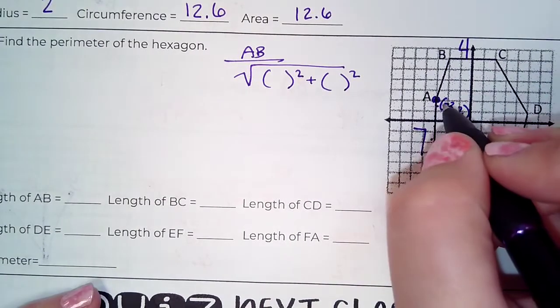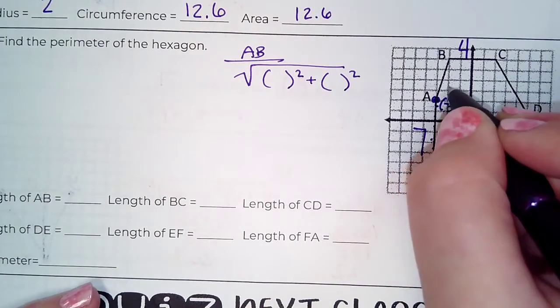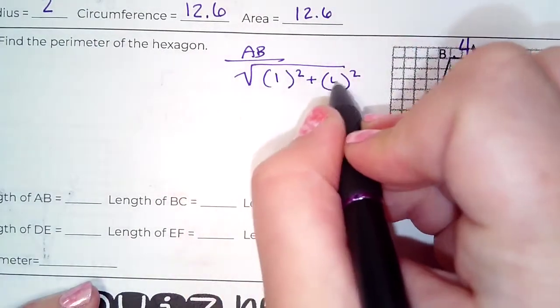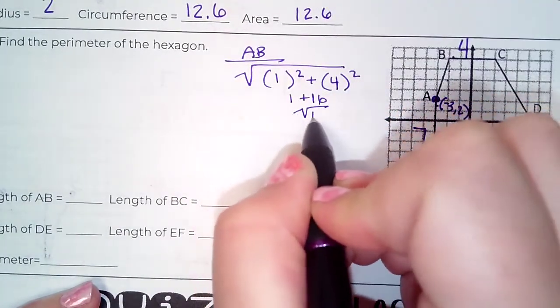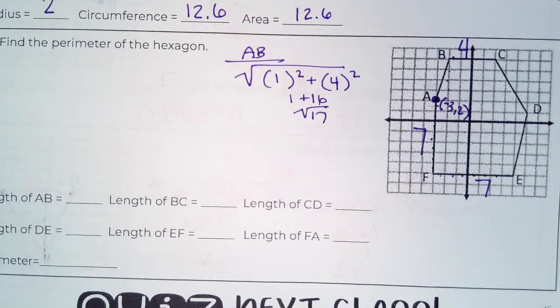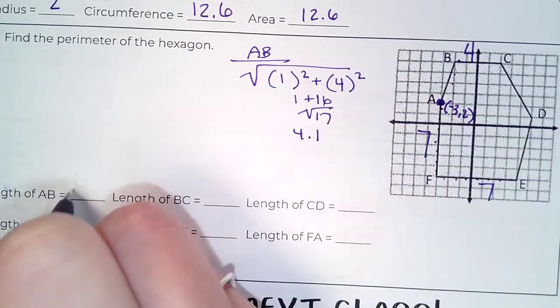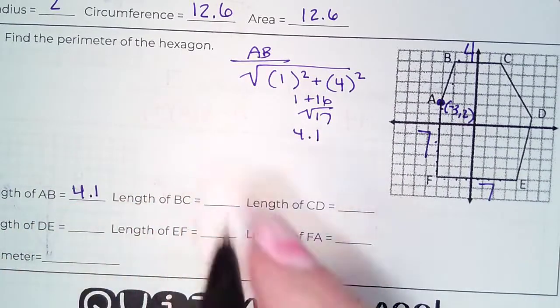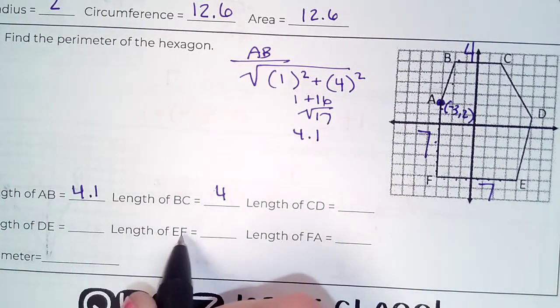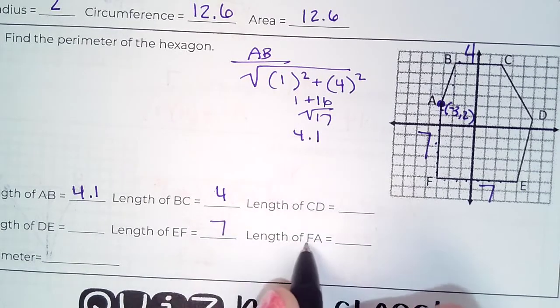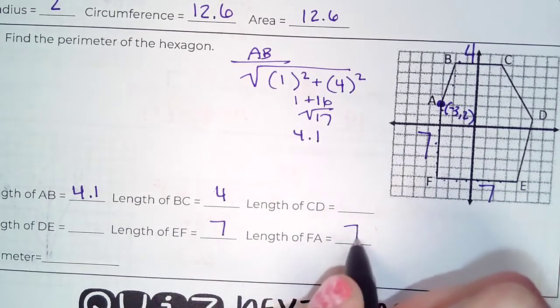That's the method I'm going to take. So right 1, up 1, 2, 3, 4. So 1 squared is 1, 4 squared is 16, so this is square root of 17, which is 4.1. So AB is 4.1, BC is 4, CD we're going to find, DE we're going to find, EF is 7, FA is 7.